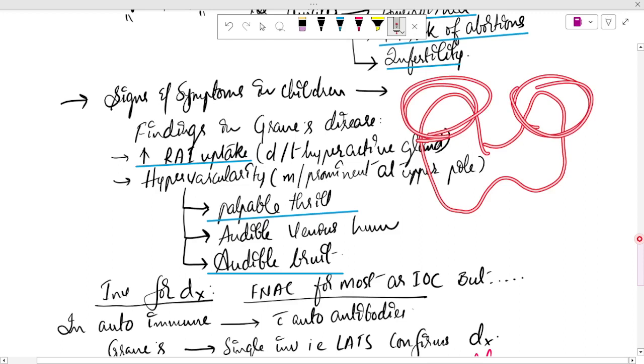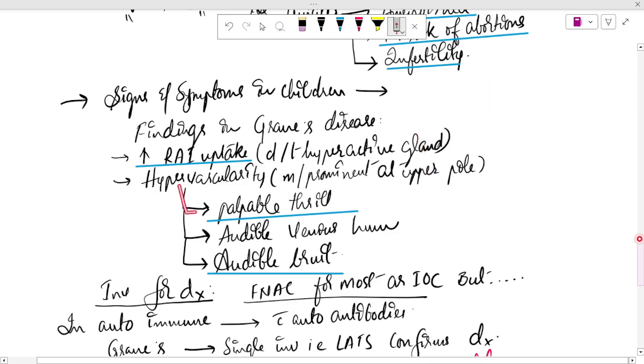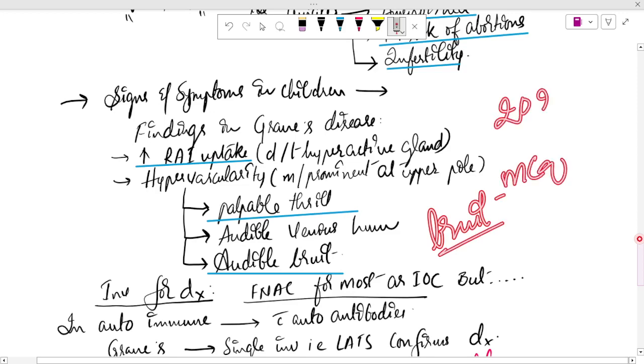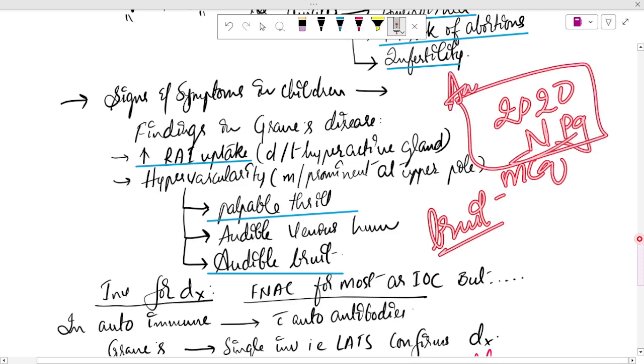Now, this hypervascularity presents the patient in front of you with a palpable thrill, an audible venous hum, and sometimes you can also observe an audible bruit. This audible bruit MCQ was given in the 2020 NEET PG session. Trust me, audible bruit.